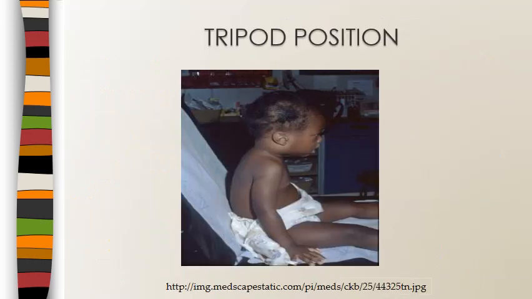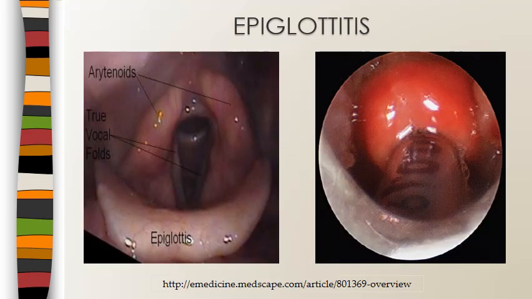So this is a picture of a child who is in the tripod position. You can see that she is leaning forward, her neck is extended out, and she is really trying to open up her airway and get some air into her lungs. So this is a picture of epiglottitis, the picture that is on the right side. So when you look at this picture on the left side, you can see that right here, this is where air enters into your lungs.